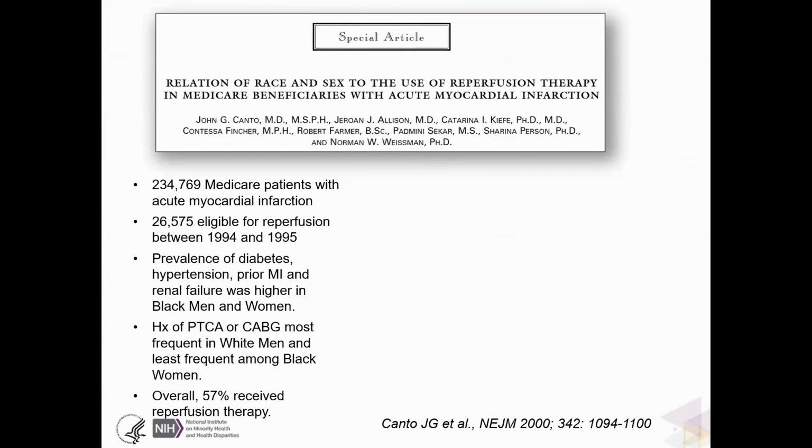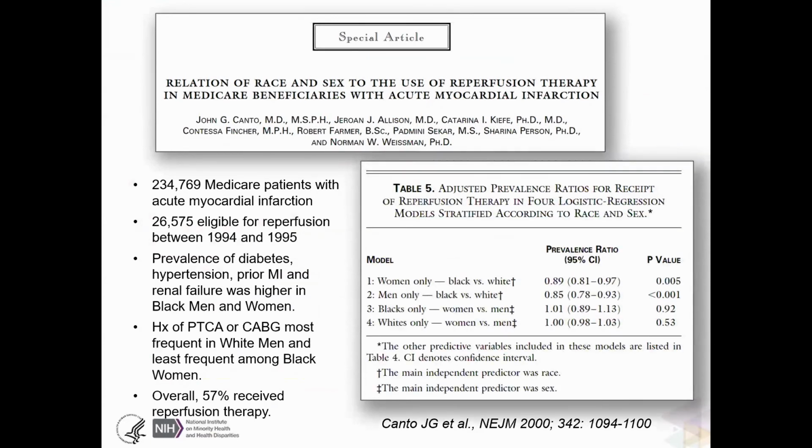But after adjusting for several factors, they concluded that despite their clinical profile, Black men and women were undergoing reperfusion therapy at a significantly lower rate than non-Hispanic white men and women, even when they needed it.